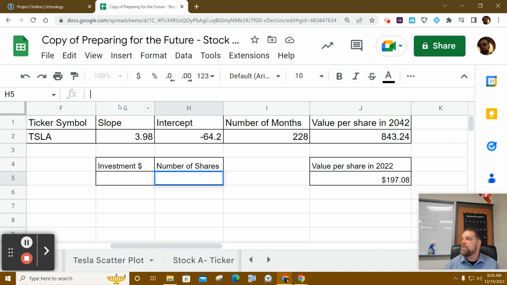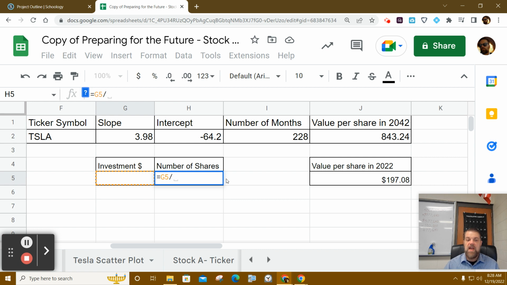So to find your number of shares, in that box I'm going to put equals, and you take your investment amount, which I don't know what it is yet, but it's going to go in this box, right? This divided by, that's the division symbol, the same as the question mark. It's divided. Wherever the question mark is.